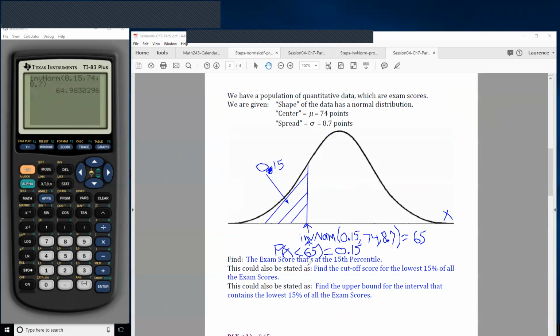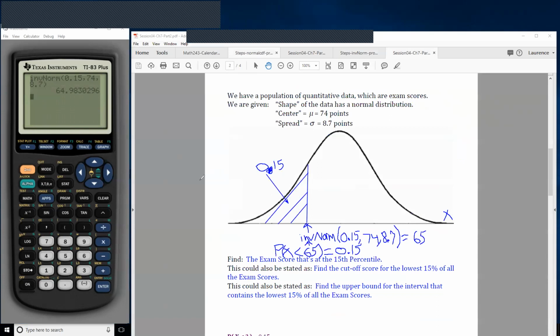Now, wouldn't it also be true that I could take this interval, put it into normal CDF to get this? Well, isn't that what we just did? Because remember, when we found for the data value 65, the area to the left was 15%. So in essence, we're just doing the opposite here.